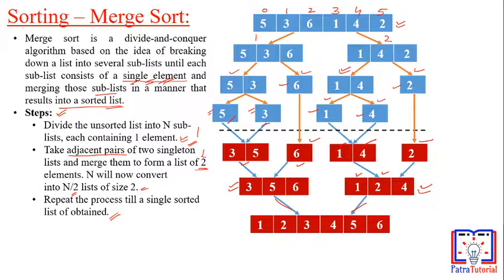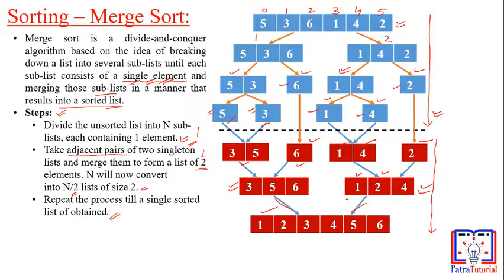See, 1 will be coming here, 2 here, 3 here, 4, then 5 and 6. Okay, so up to this point we are dividing the original list into different sublists. Then from this point we are combining or merging the sublists into a single list, right? So these are the two steps we follow in merge sort.